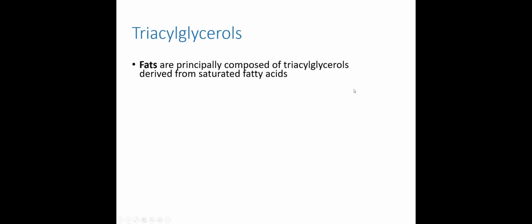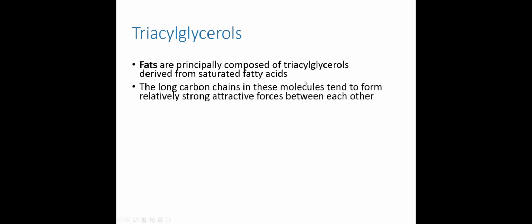So we're going to divide triacylglycerols into 2 broad categories. First, we're going to use the term fats. When we say that we have a fat, this means we have a triacylglycerol which is primarily composed of saturated fatty acids.